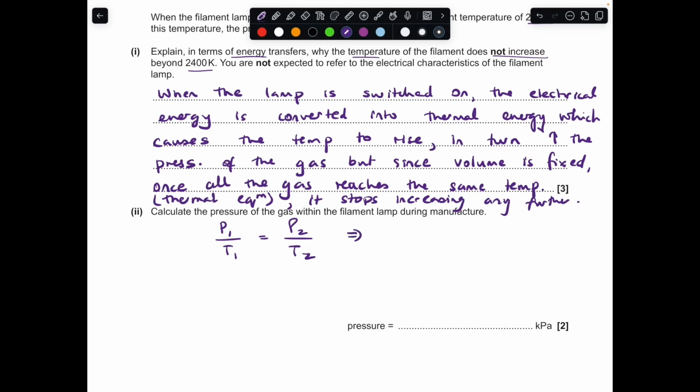Therefore, P1 is equal to the value of T1, which is 290, times by the pressure, which is 120 kilopascals, divided by temperature, which is 2400, which is the maximum temperature, and that value of pressure is 15 kilopascals.